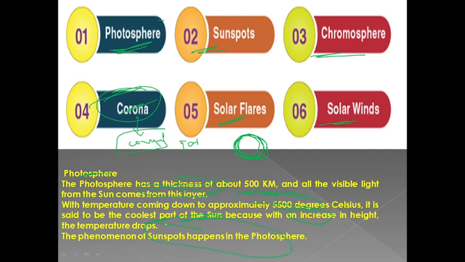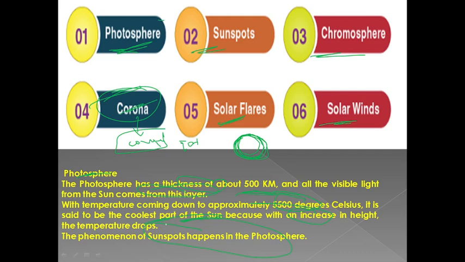When the temperature comes down to 5500 degrees Celsius, sunspots occur.